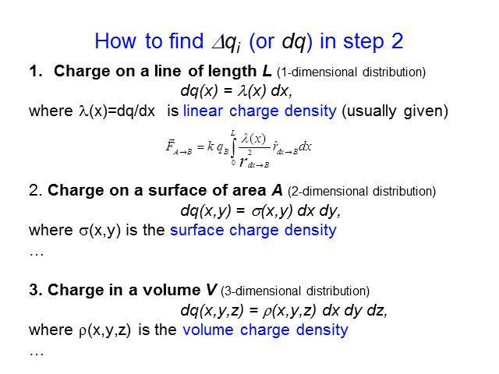Then you can define a linear charge density, lambda, which is equal to dq over dx. Then the charge dq at point x is simply equal to lambda at point x times dx. And so the integral over dq becomes simply the integral of lambda of x over dx, multiplied by the same function of the distance.